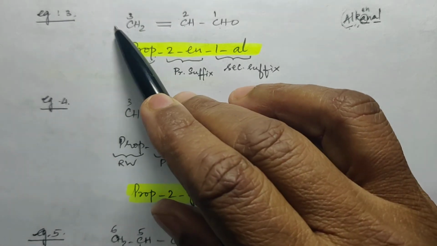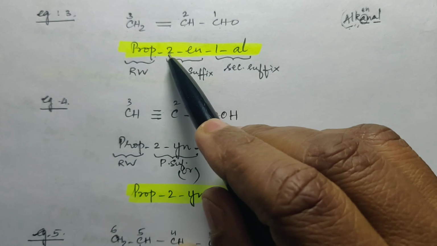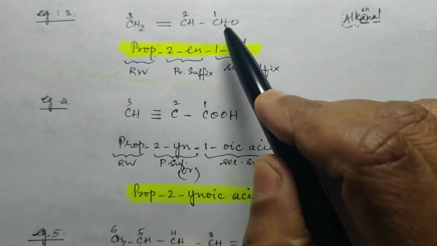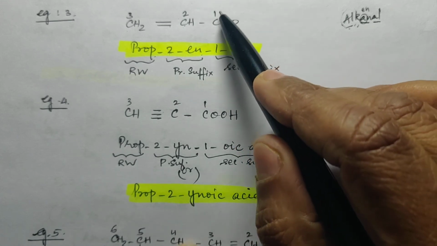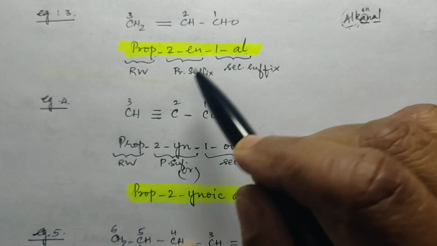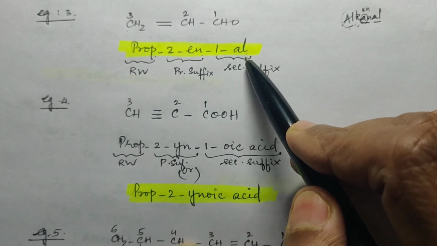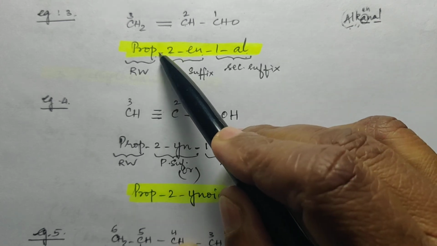It is between 2 and 3. You will put the lowest number. That is, it is starting with 2. So you will write 2. So prop-2-ene, and at the first position it is aldehyde, and the secondary suffix for aldehyde is AL. So it is prop-2-en-1-al.